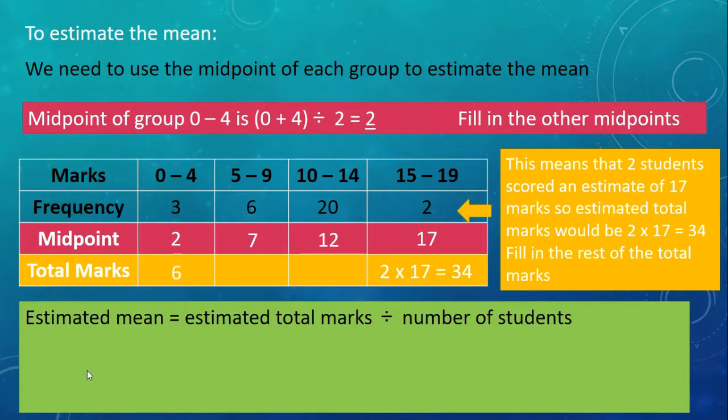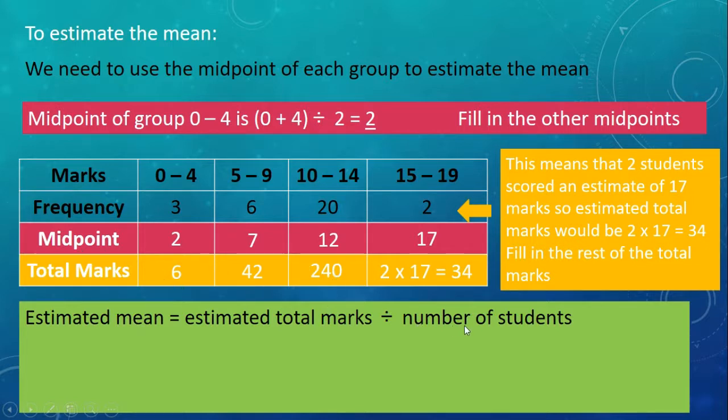3 multiplied by 2 gives us total marks of 6 in our group 0 to 4. 6 times 7 is 42, the total marks for group 5 to 9, and 20 times 12 is 240, giving our total marks for the 10 to 14 group. Now our estimated mean is our estimated total marks divided by the number of students.